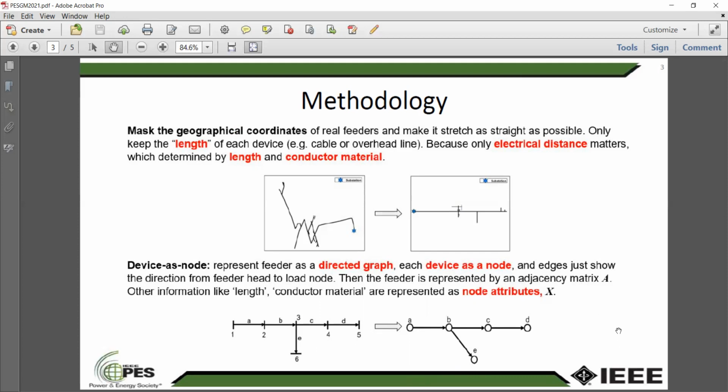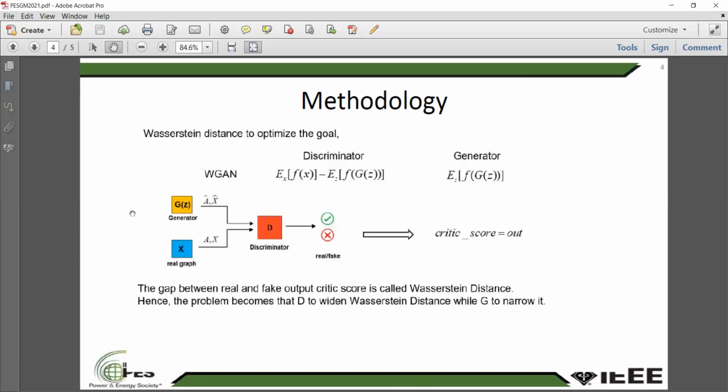After that, we build a graph generative adversarial neural network to generate the synthetic feeders. For the GAN, we use Wasserstein distance to optimize the goal. We have a discriminator and a generator. The generator generates the fake adjacency matrix and attribute matrix to mimic the real world topologies and attributes, and the discriminator distinguishes which one is the generated one and which one is the real one.